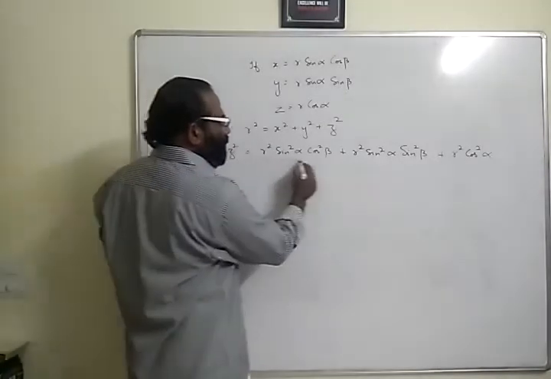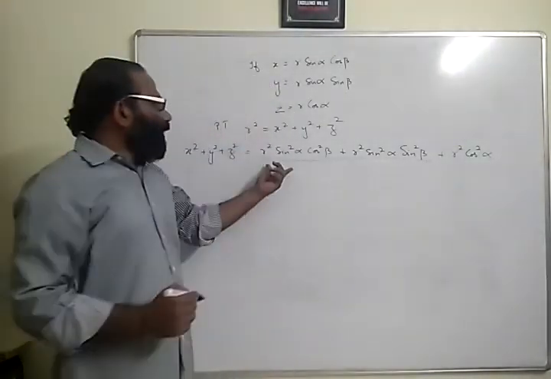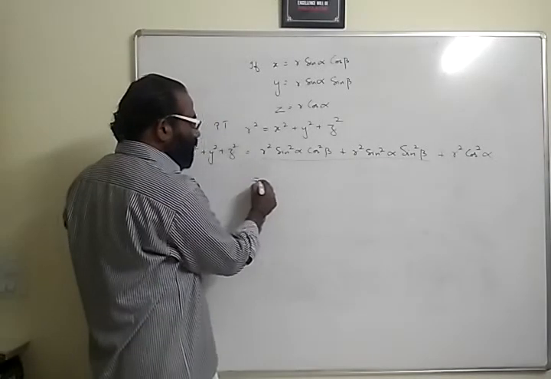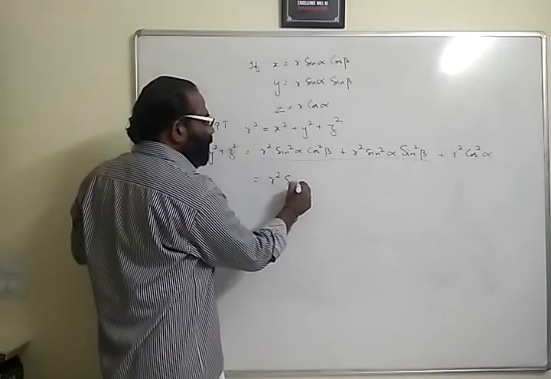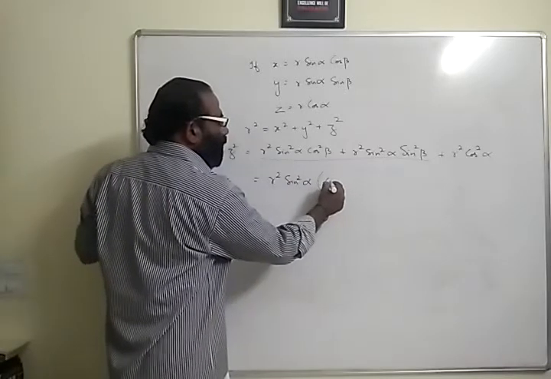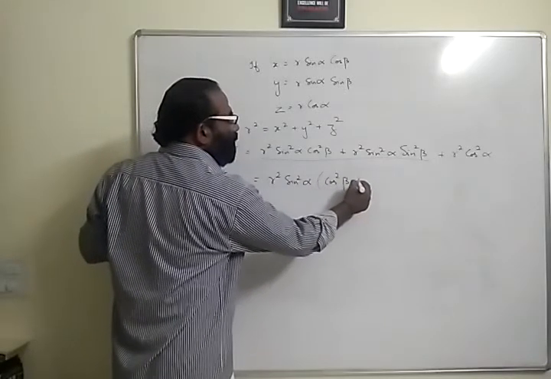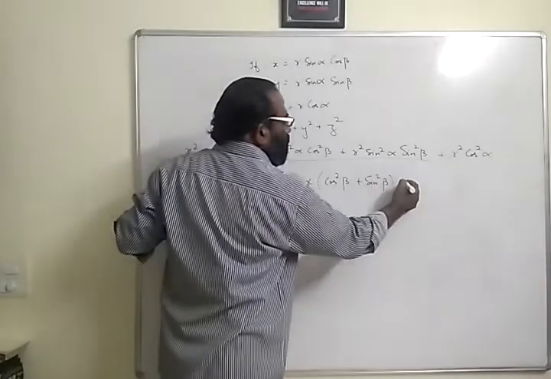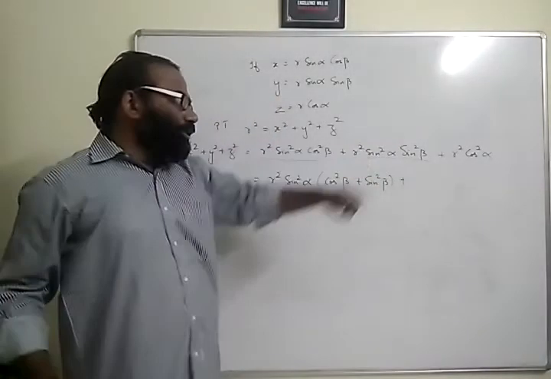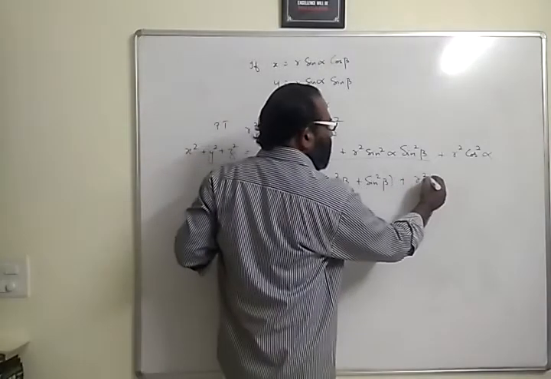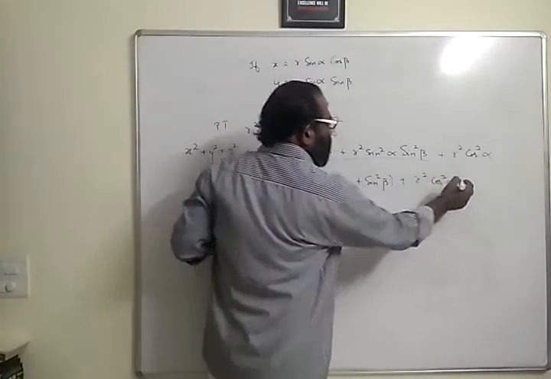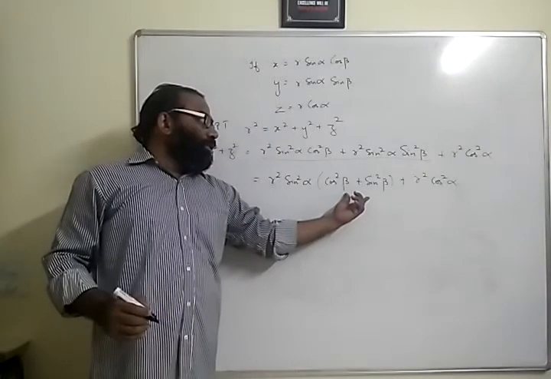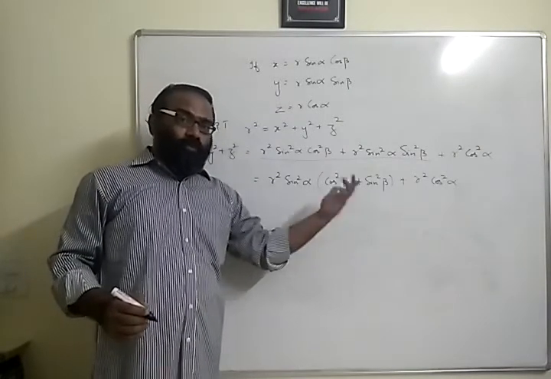Now look at these two terms, the first two terms. R squared sine squared alpha is common in both these terms. So let's take that out common. So r squared sine squared alpha into cos squared beta plus sine squared beta plus the last term that is over there, that is r squared cos squared alpha. Now we know from the identity cos squared beta plus sine squared beta equals 1.